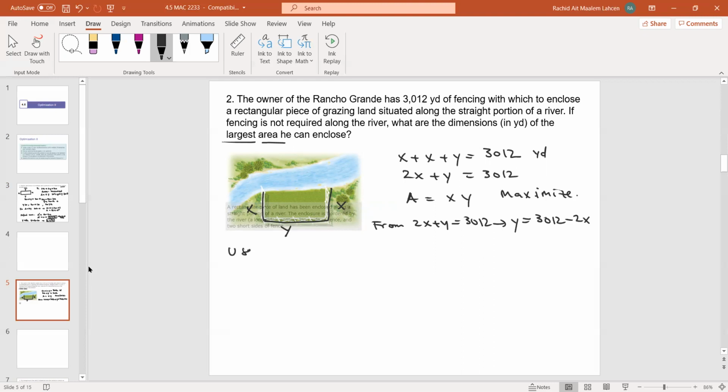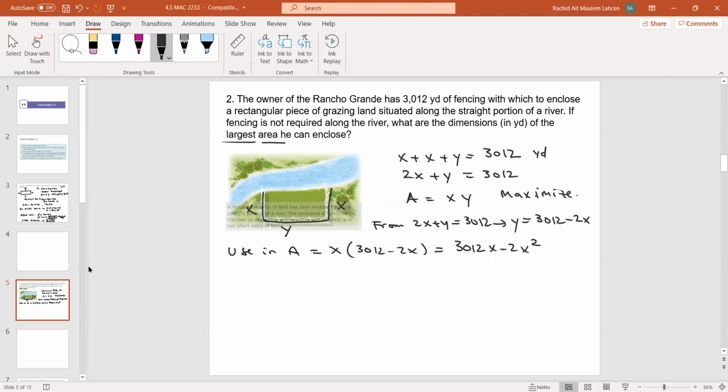So use in A: instead of y, we have 3012 minus 2x. And that's going to make 3012x minus 2x squared. So that's the area formula. Similar to the first example, 3012 minus 2x has to be non-negative.